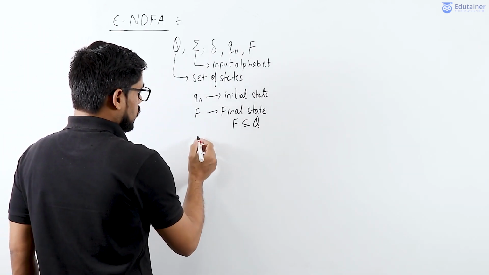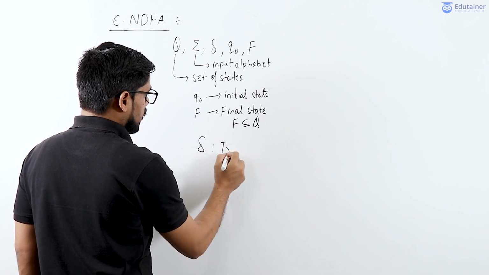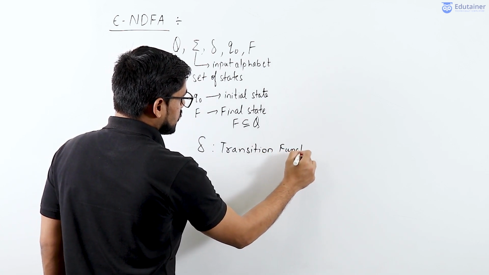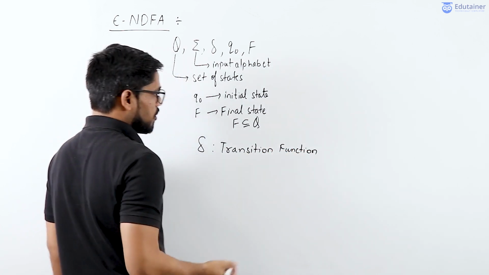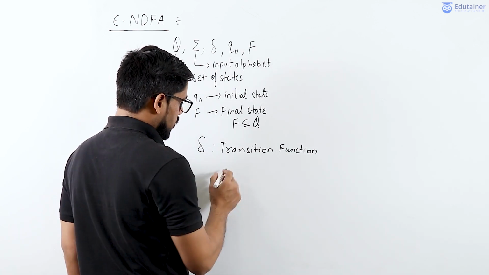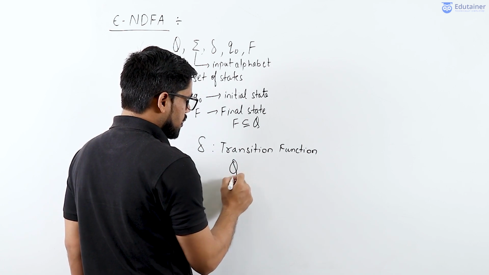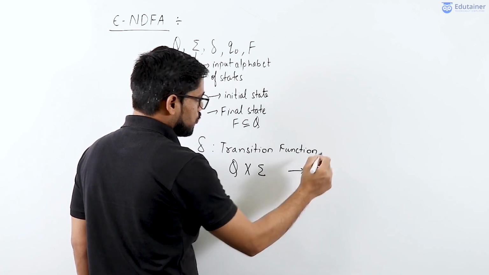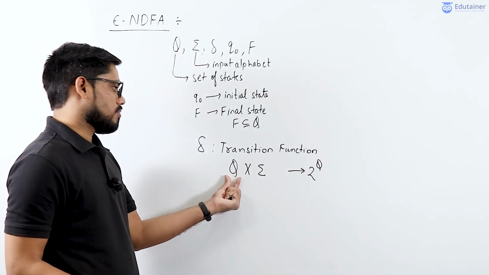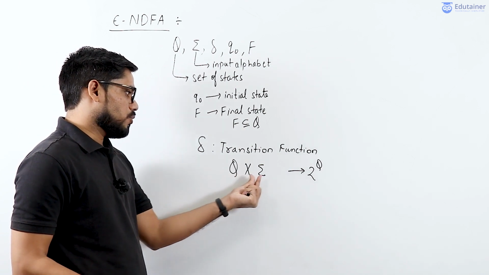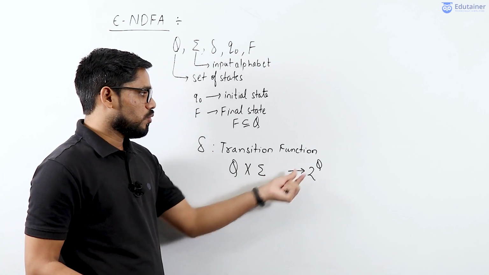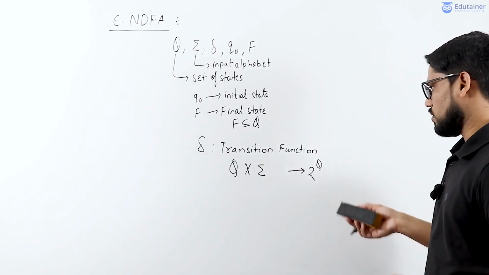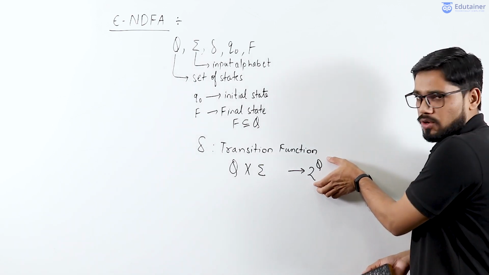If we talk about delta, which is the transition function, it is slightly different from the transition function of non-deterministic finite automata. In NDFA, the transition function is Q cross sigma tends to 2 raised to the power Q. It means if you are at some state Q and you see some input alphabet, your chances of going to various other states increase.